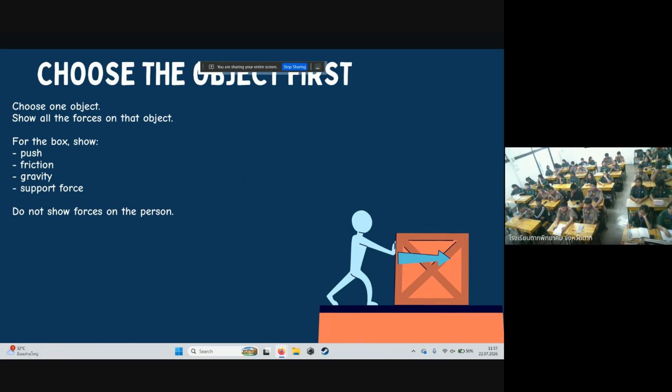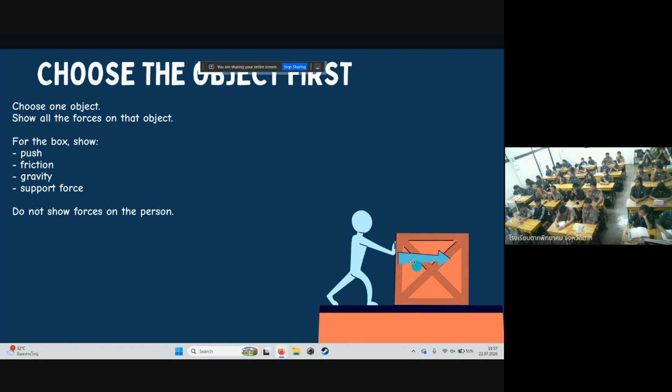When finding the forces, first you need to choose the object. In this example, a person is pushing a box. So our object is going to be the box because the person is the force, the person is doing the pushing, and the box is being pushed.